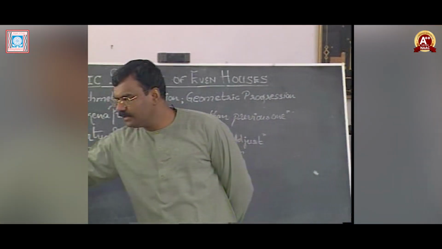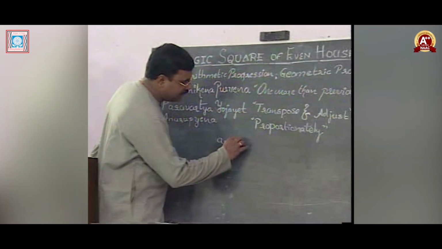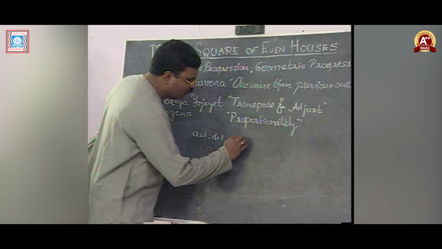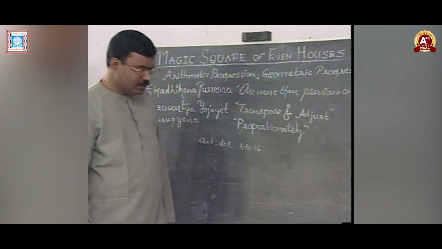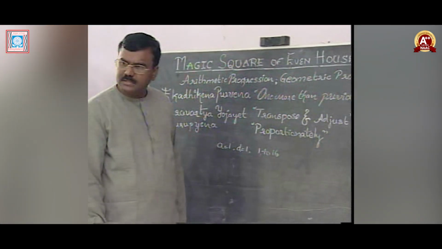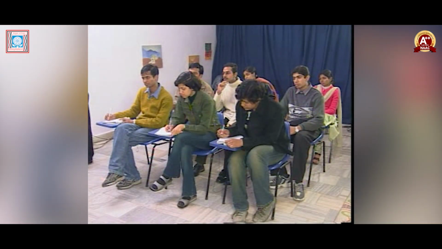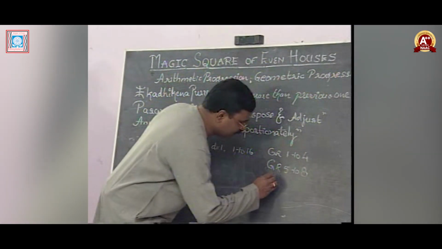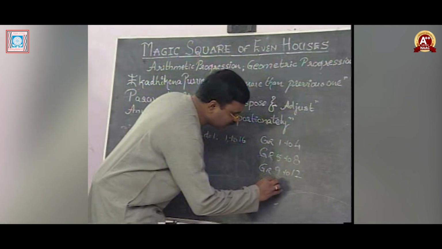If you group them as 4 groups, with A being the first term and deviation being 1, for construction of 16 terms you will get 1 to 16. For the grouping of the 16 numbers, the first group consists of 1 to 4, the second group consists of 5 to 8, the third group will consist of 9 to 12, and group 4 consists of 13 to 16.